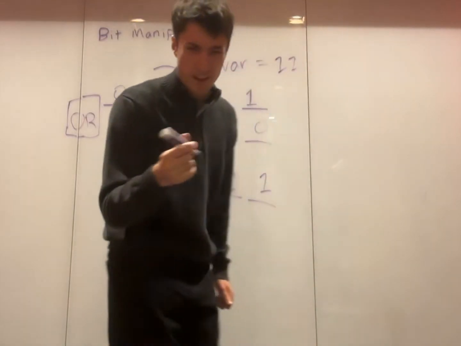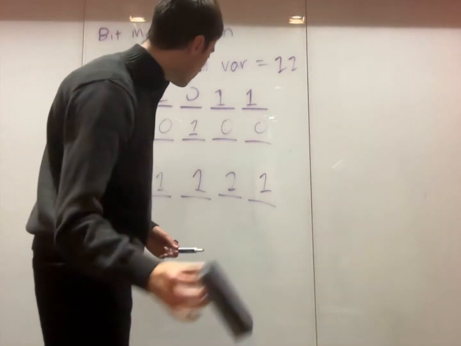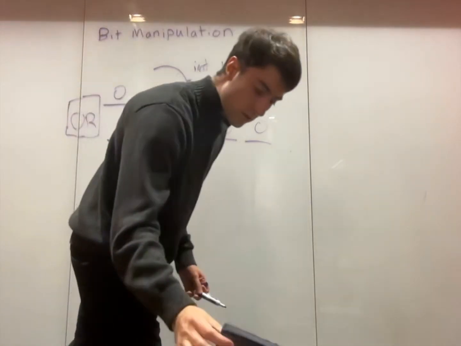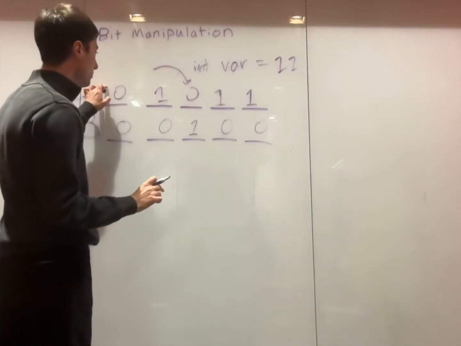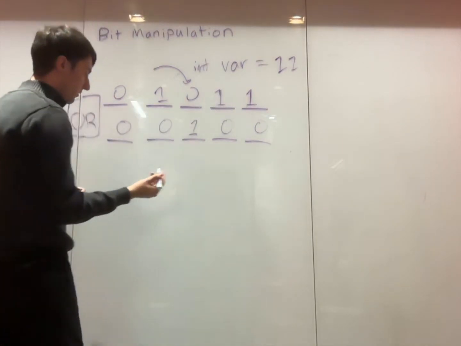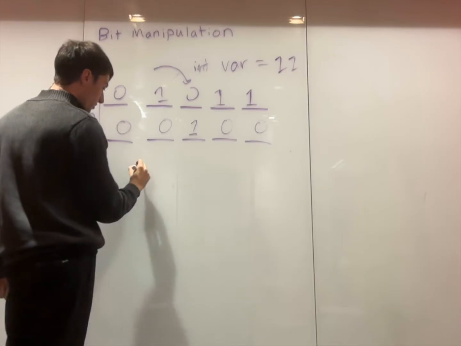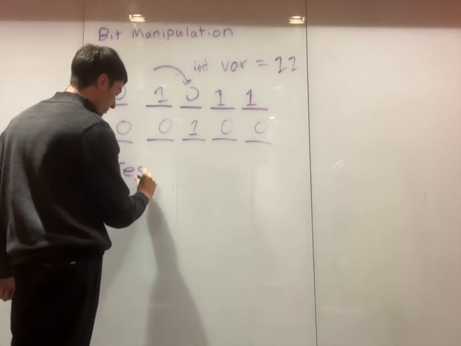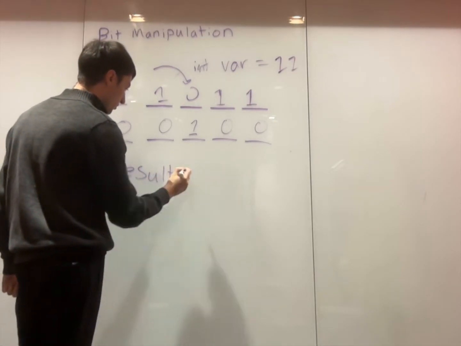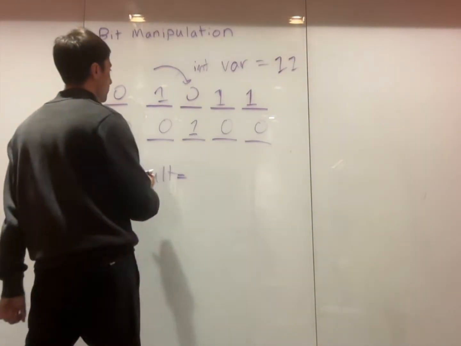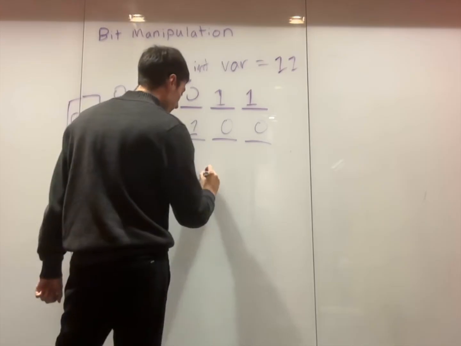How do we actually write that in code? So here's our number. This is the number that this var is right here. So what we can do is result is going to be equal to our var.